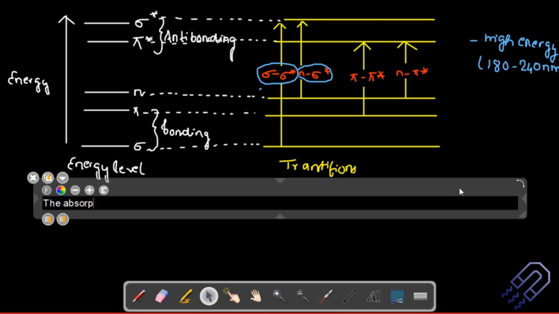The absorption of light of specific wavelength, if you remember, depends on the path length and the concentration of the sample, something like A, B, C, and based on this, we are going to have the absorption of light happen.